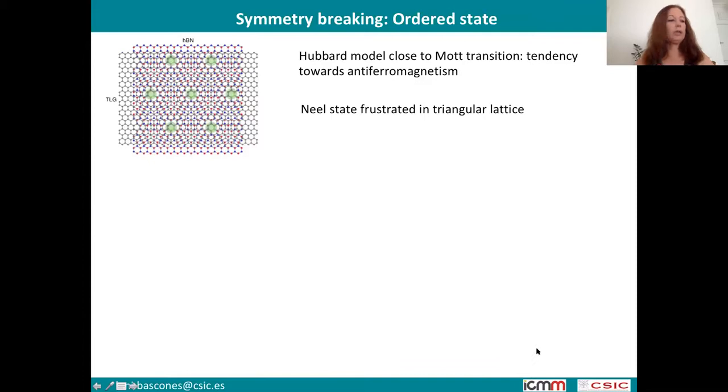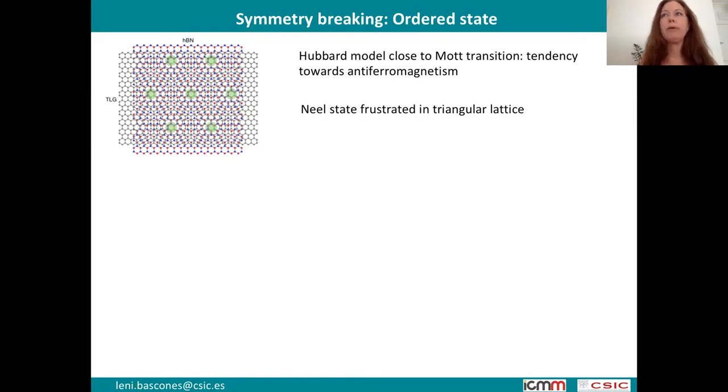Okay, so let me now go to the ordering. It's well known that if we have the Hubbard model and we are close to the Mott transition, there is a tendency towards antiferromagnetism. We have a triangular lattice, so the standard Néel state is frustrated.